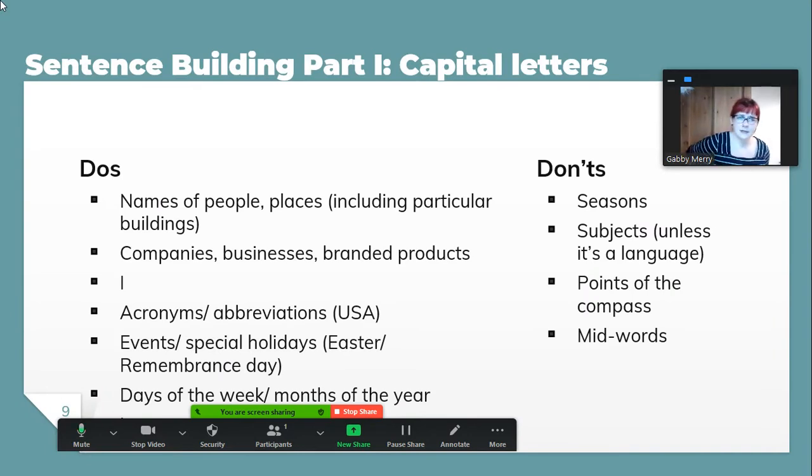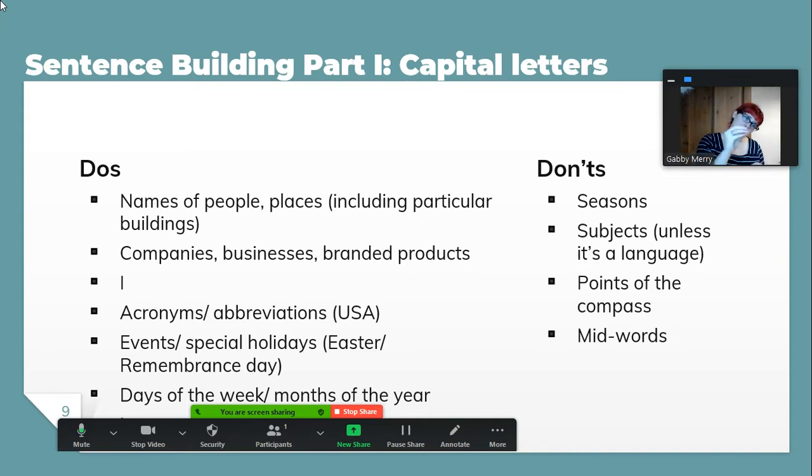What we need to remember is the sort of situation. Am I being specific about something or am I being very general? So when I'm talking about people and places and objects and things, sometimes I use very generalized words such as car, table, chair. If I'm using those very generalized words, I don't need a capital.